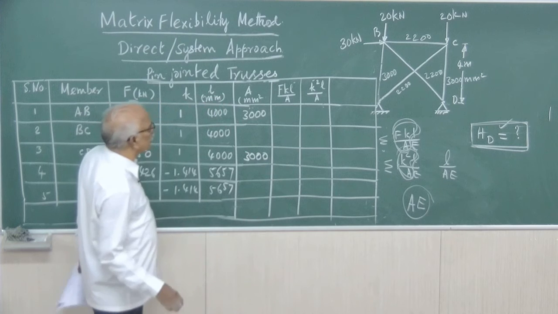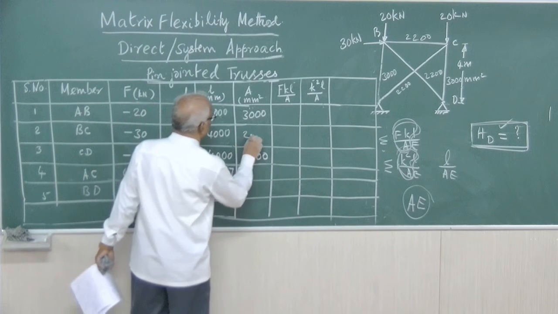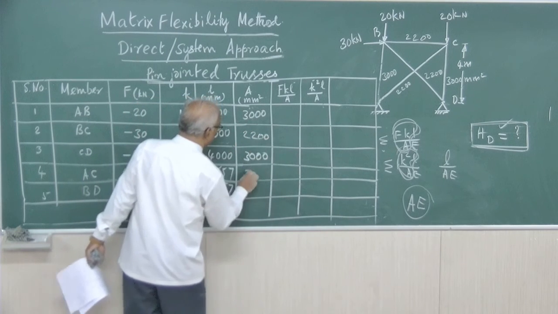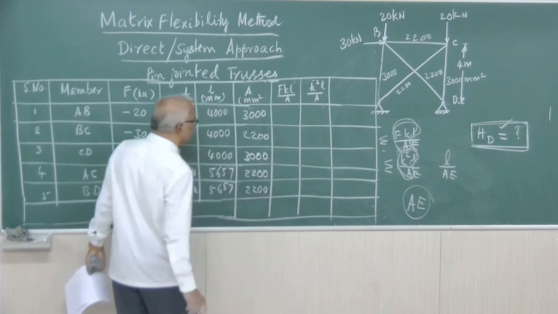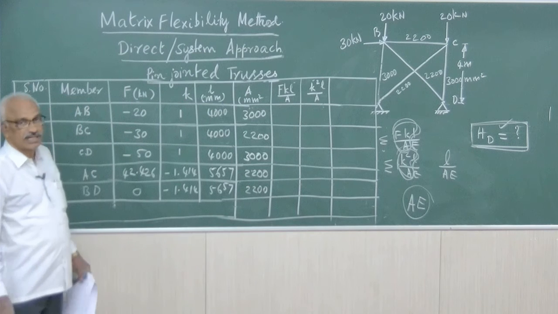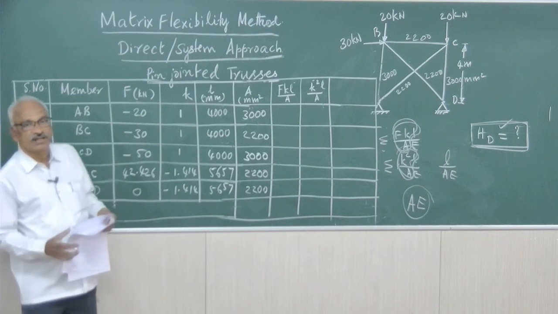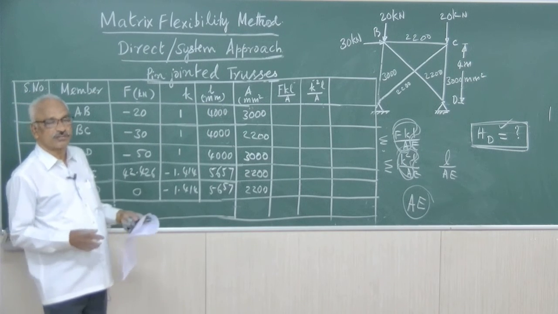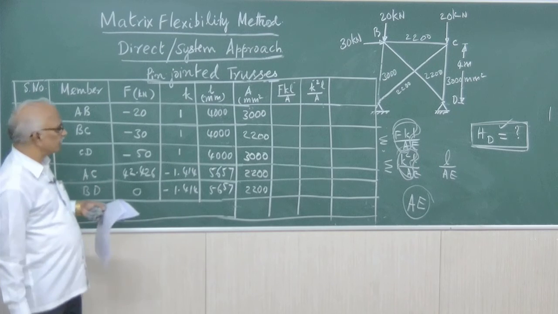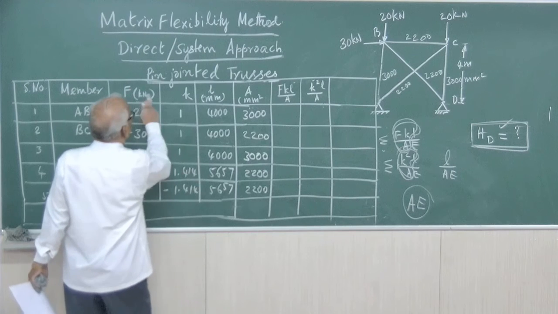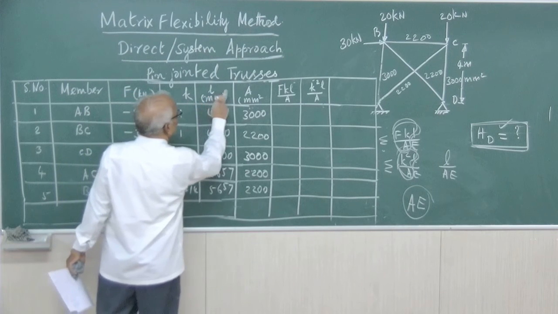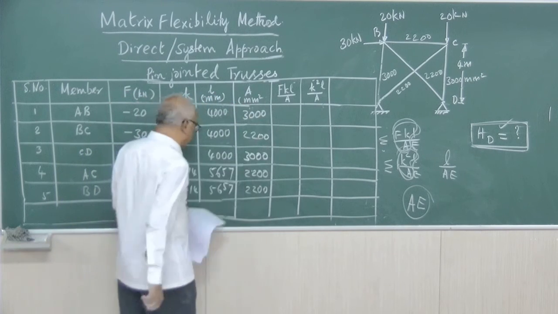Then horizontal member it is 2000. For all other members it is 2200. So these values are to be carefully transferred from the figure, from the given data, and also from our figures for F and K. And next is only calculation. F is there, K is there, L is there, A is there. Therefore, FKL by A.